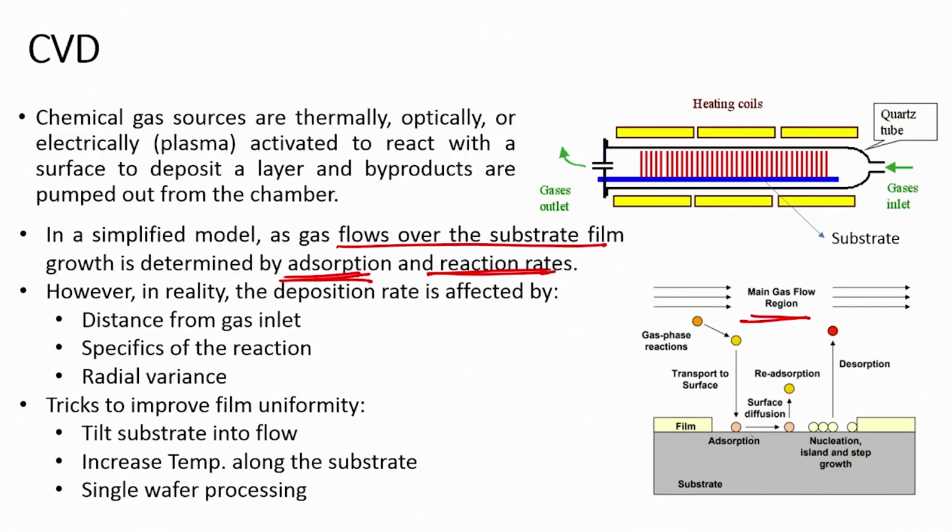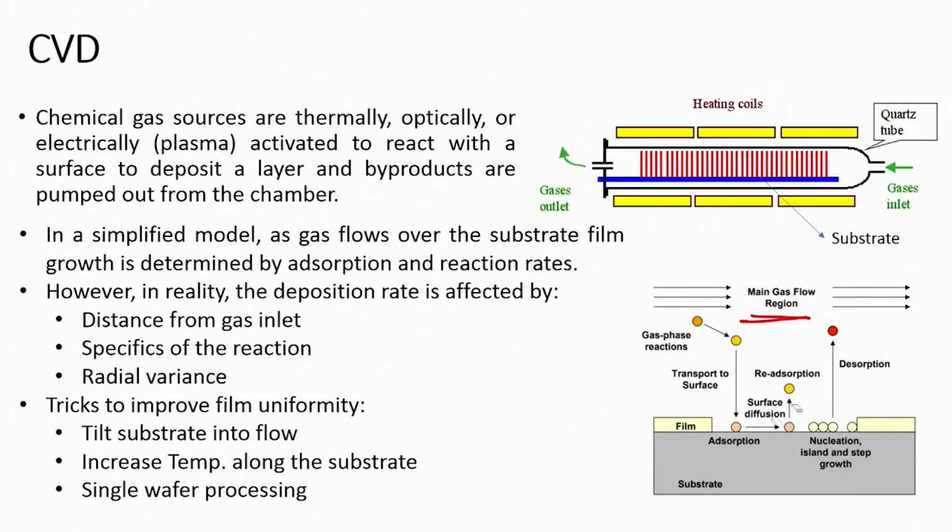First nucleation, island and step growth occur: you can see a nucleation, then slowly an island will form, followed by step growth, and of course there is desorption, which gives the byproducts that can be pumped out of the chamber.